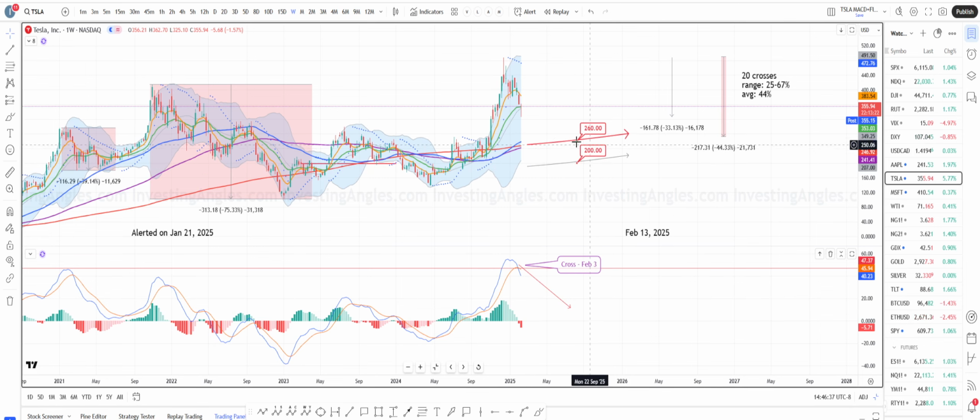And the previous crosses typically led to losses of 44% of the stock's value. So if we project the same loss, we would be looking for a price between 200 and 260 in a couple of months or probably quarters. Let's see how it develops there.